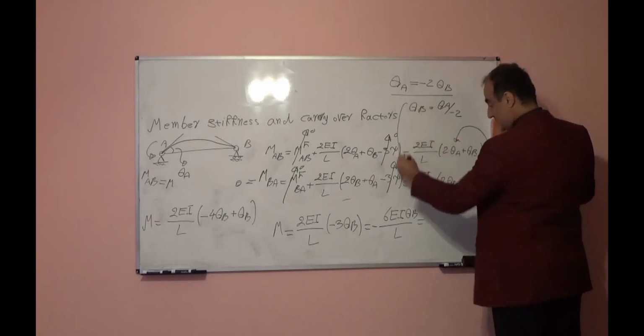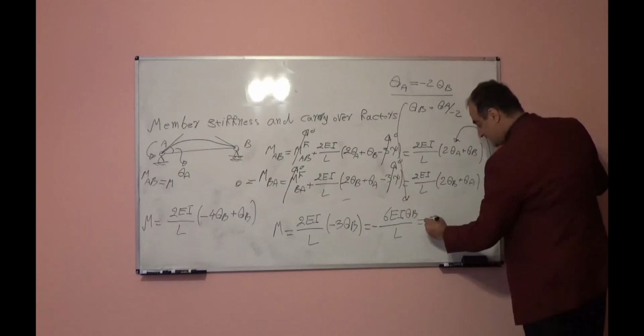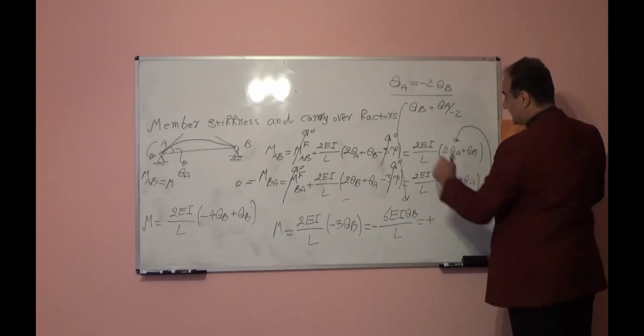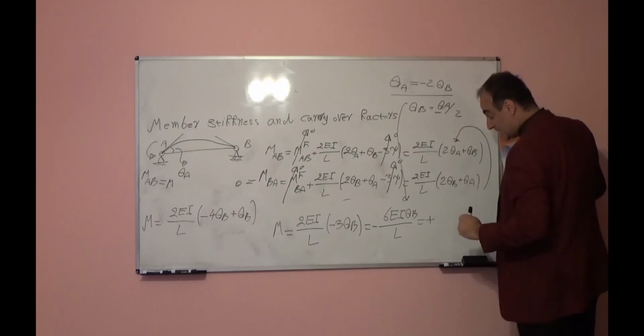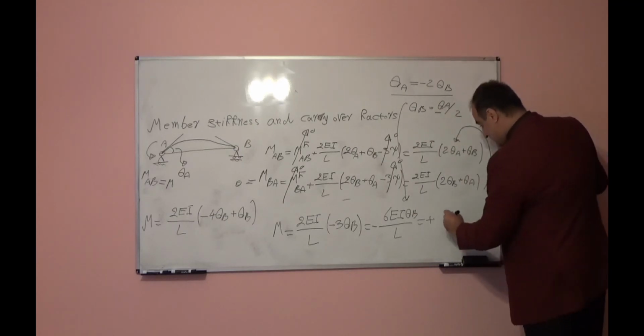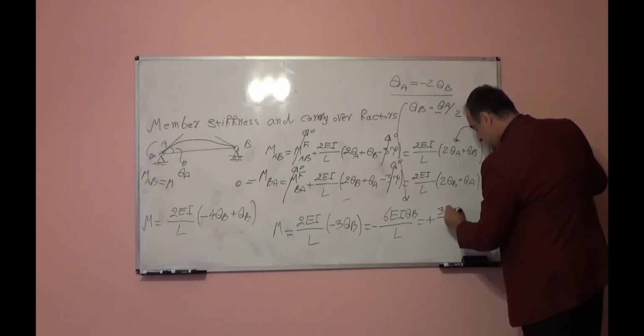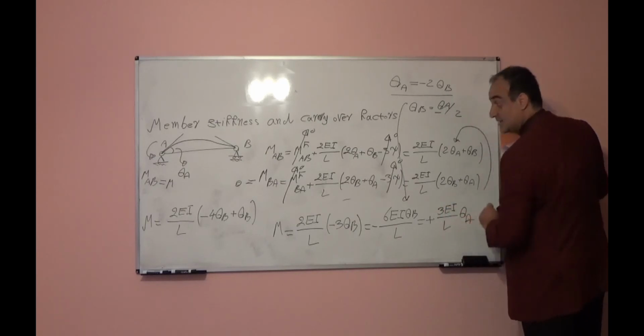If I plug this here, negative times negative will be positive, 3 EI over L theta A.